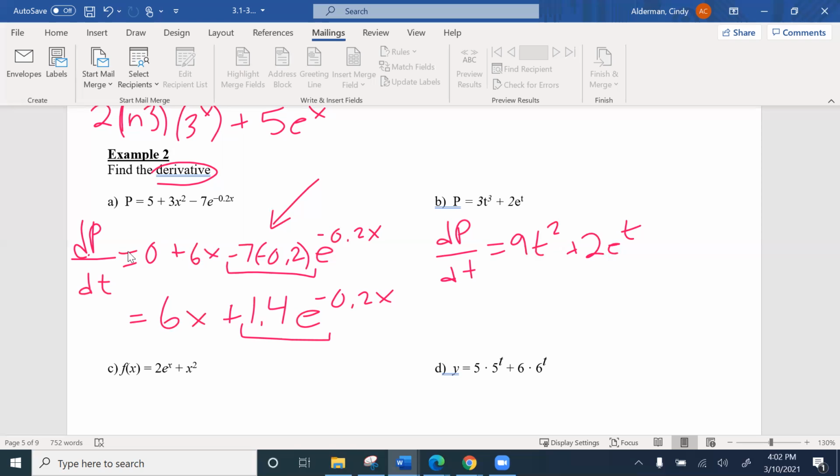So whenever you have like 5e to the x power, 6e to the x power, it's just going to be the same thing that you started with, because of the constant multiple rule and the e to the x rule.